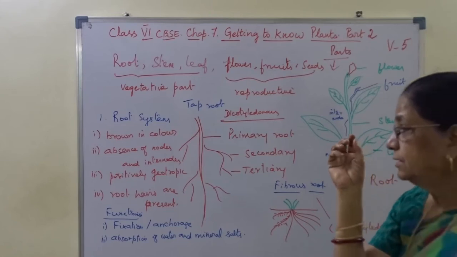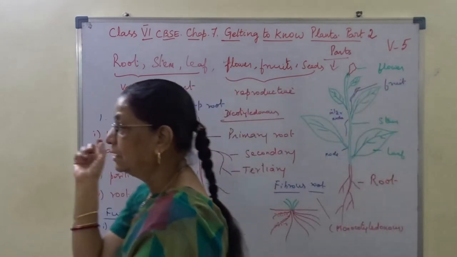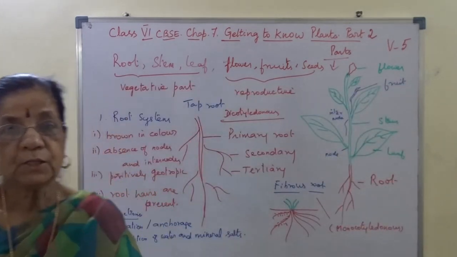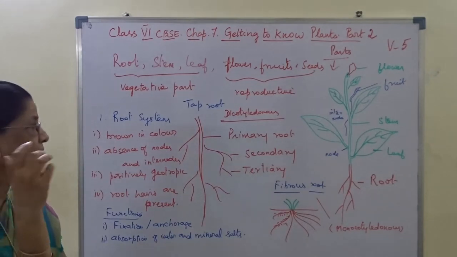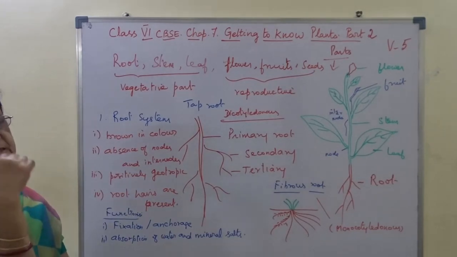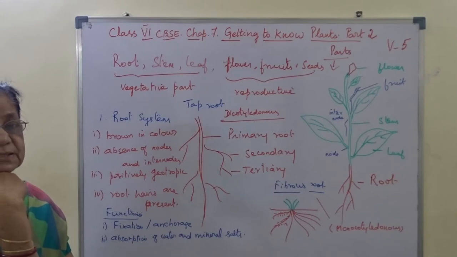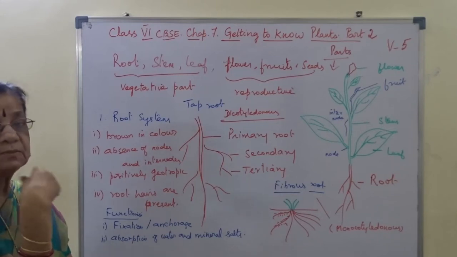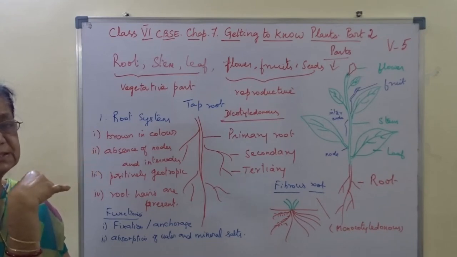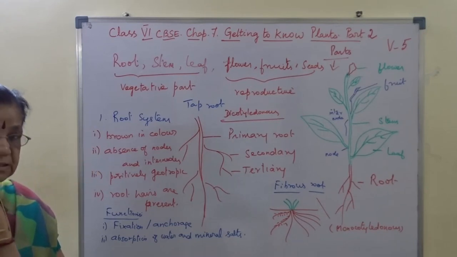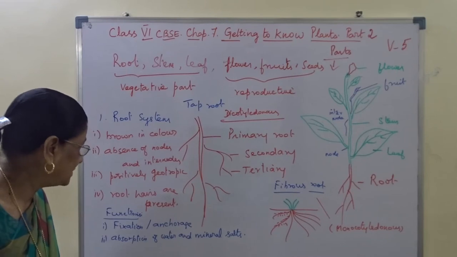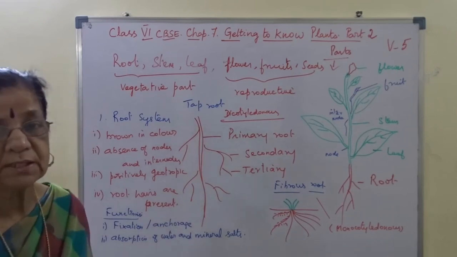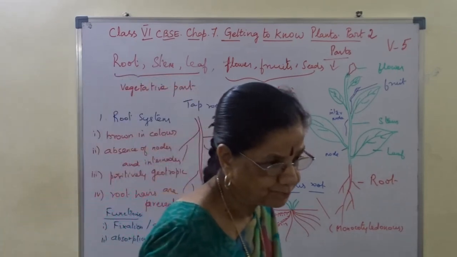And all the dicot plants will have taproot system, and all the monocot plants will have fibrous root system. That is the characteristic feature. Then the function is the same for both: fixation or anchorage, and absorption of water and mineral salts.